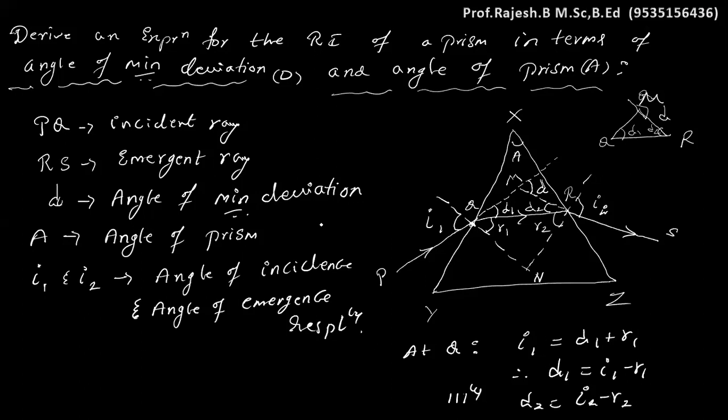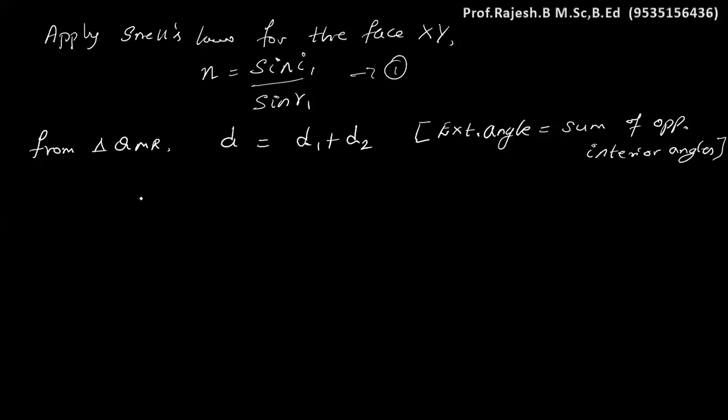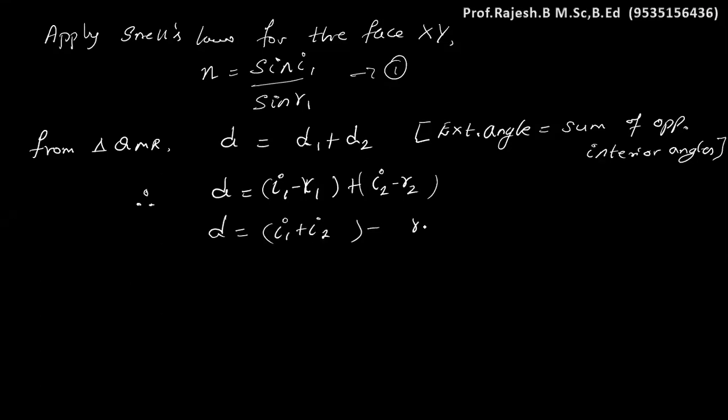Got it? So substitute those two values. Therefore, D is equal to I1 minus R1 plus I2 minus R2. D is equal to I1 plus I2 minus, common, R1 plus R2. So this is equation 2.